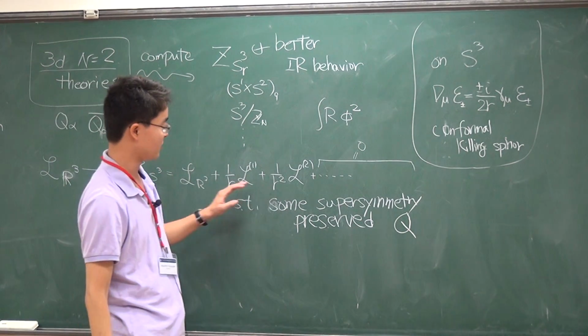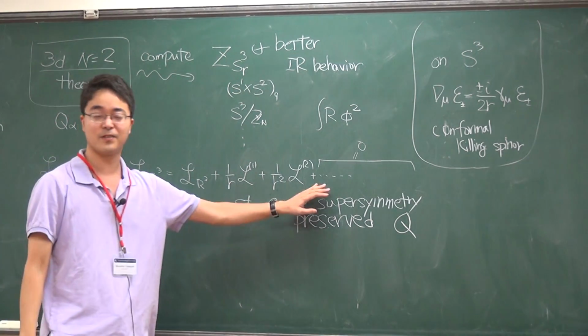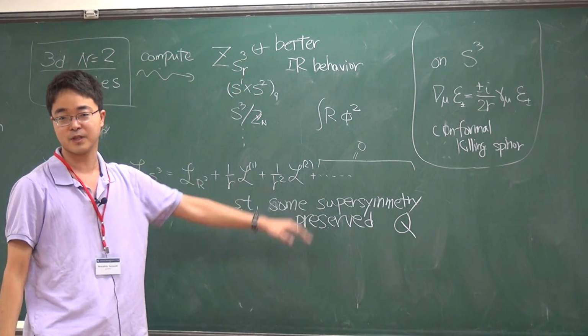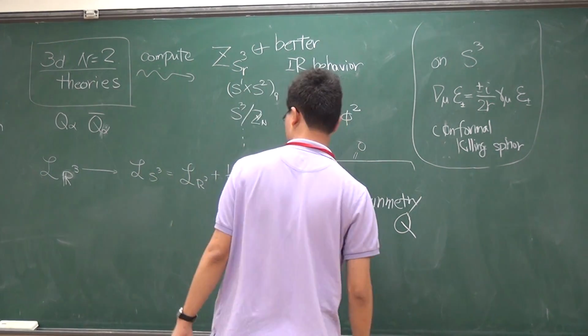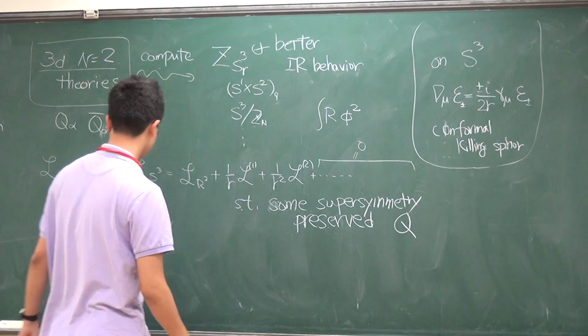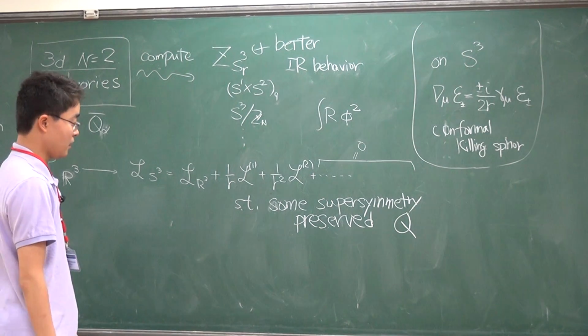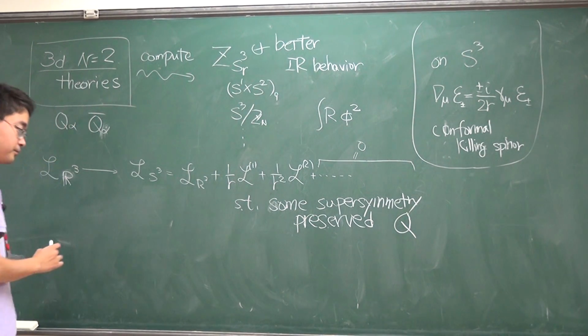Once you add a certain term, you have to modify the supersymmetric transformation too. There are one-over-R corrections to the supersymmetric transformation, and you have to go through that and check if the supersymmetry is invariant, supersymmetric closures, etc. That's what you have to do. And even that choice is not unique.